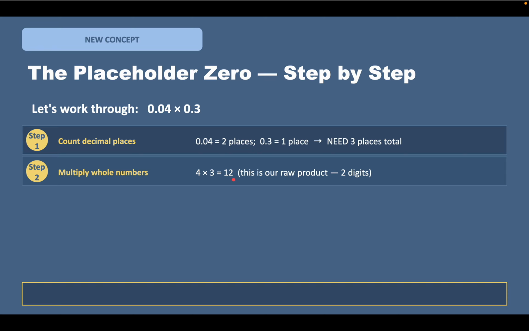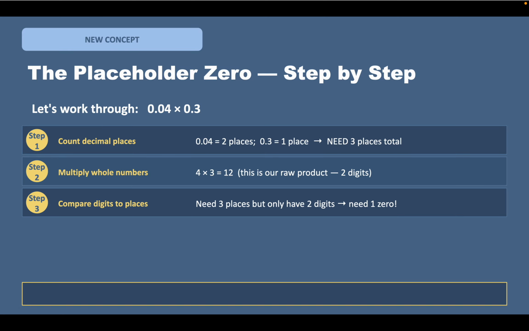That's our raw product. It's 2 digits long, and that's just what we get if we multiply them as whole numbers. Then we're going to compare the digits to the places. So we need 3 places, right? That's what we learned from step 1. We need 3 places behind our decimal point, but we only have 2 digits. So we need to add 1 zero.